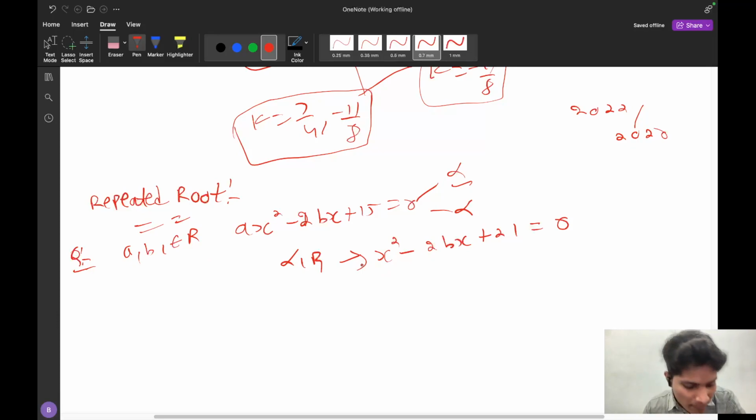For this equation, alpha and beta are the roots. Now they are asking for the value of alpha square plus beta square. What is the value of alpha square plus beta square? That is what they are asking.